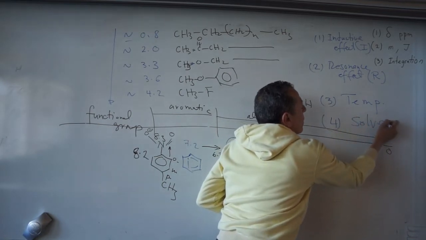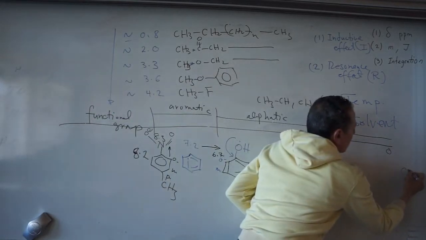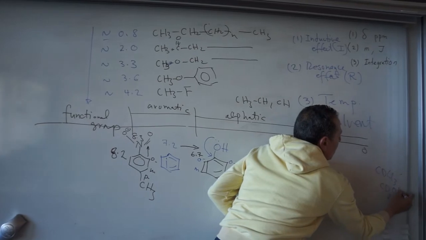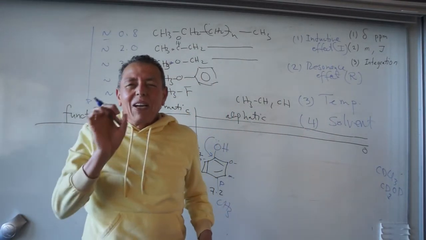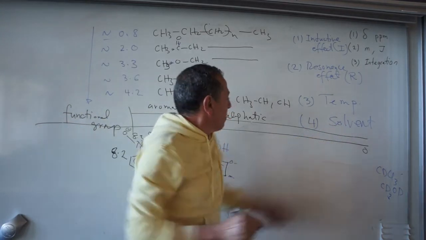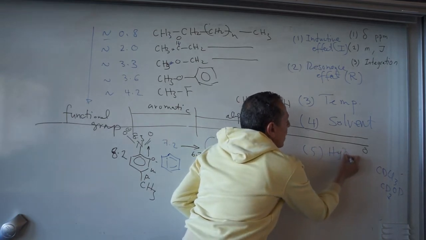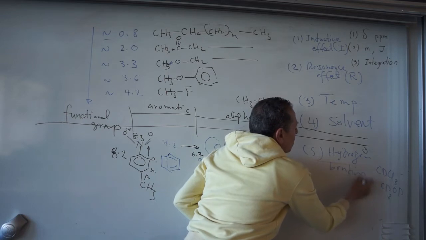If you run the sample in CDCl3 and you rerun the sample in CD3OD, you will see very little difference, 0.1, 0.2, very little. Right? So it is a smaller effect as well. The final factor affecting is hydrogen bonding, and I will give you an example about hydrogen bonding.